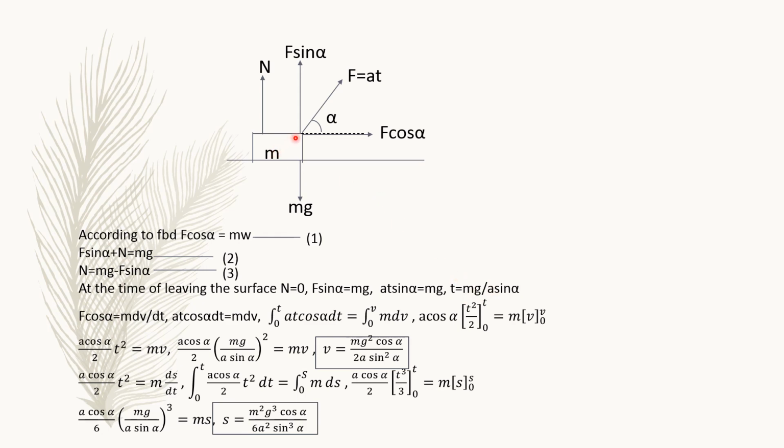So I can put this t value here: mg divided by a sin alpha whole cube is equal to m into s. Cancelling m and a, the value of s is equal to m square into g cube into cos alpha divided by 6a square sin cube alpha. So here we get the velocity and here we get the distance.